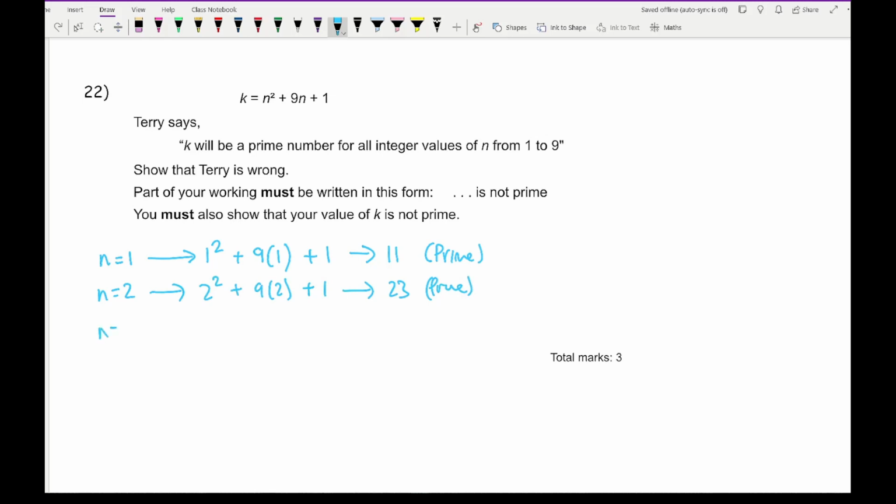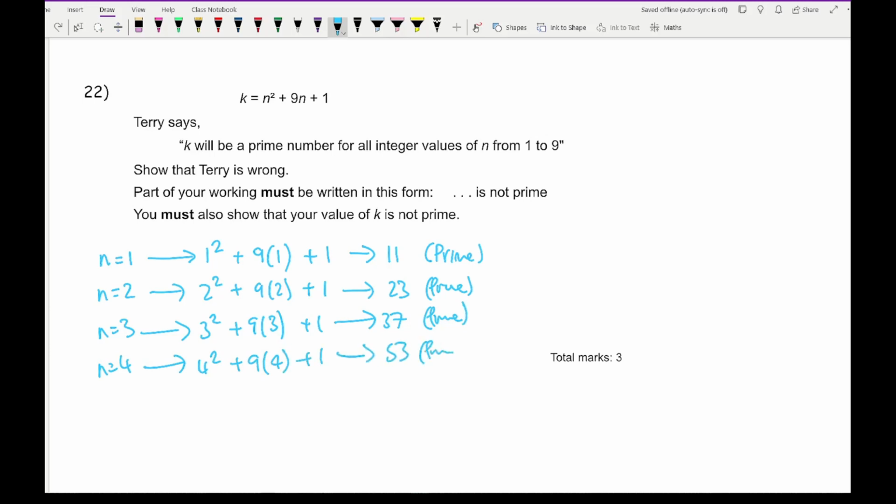I then do n equals 3, and 3 squared plus 9 times 3 plus 1 gives me 37, and that is prime. I then do n equals 4. I've got 4 squared plus 9 times 4 plus 1, which gives me 53, and that's prime.